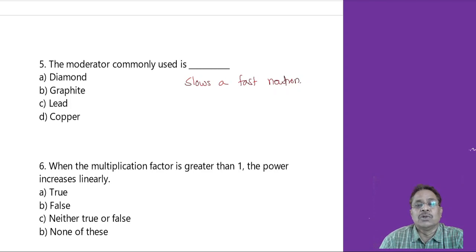This slowing down is carried out with materials which have a tendency of not absorbing these neutrons, but just reducing their energy. This responsibility can be carried out with graphite. So amongst the given four elements, graphite is the most proper and commonly used moderator in nuclear reactors.